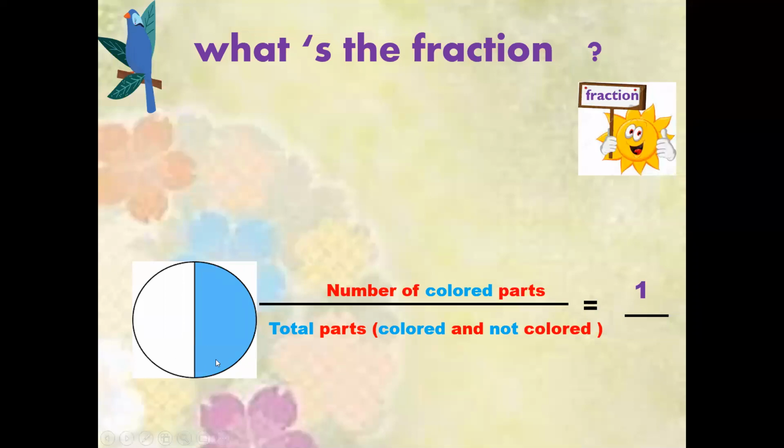Here at these circles, we have a blue side. So we will write the colored part 1 and then dash, and down the total parts, the white and blue. So they will be 2. So 1/2. It's half.